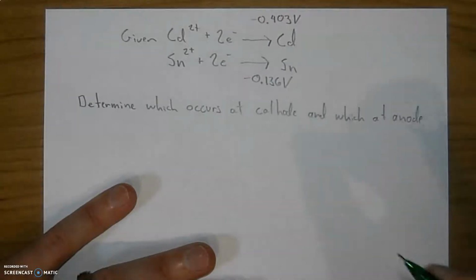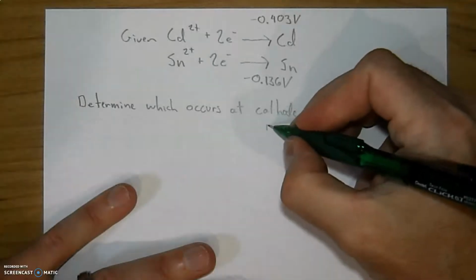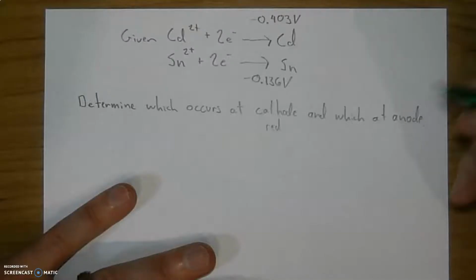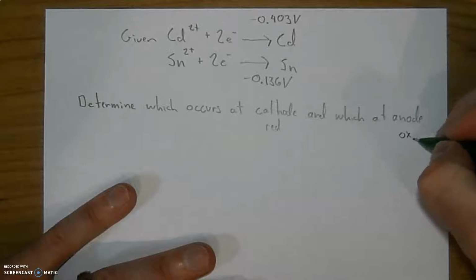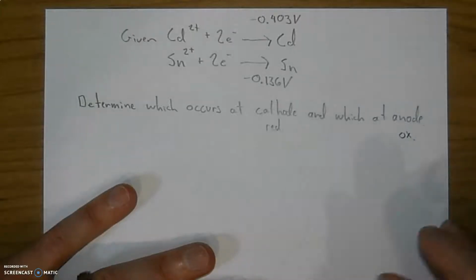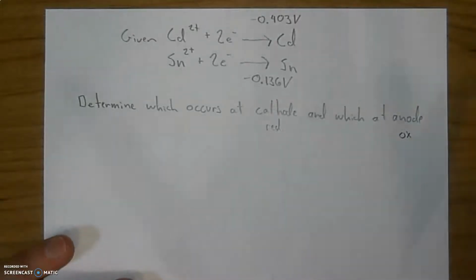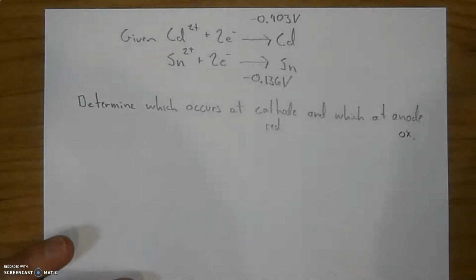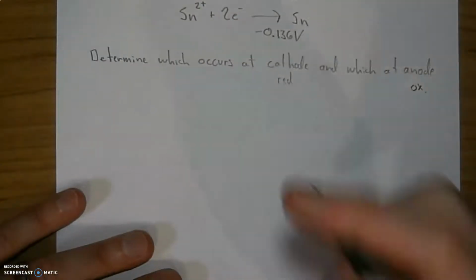Well, we already talked in a previous lecture that reduction always happens at the cathode and oxidation happens at the anode. But we're probably a little bit stumped here. I might have mentioned it on the side, but we're going to spell it out right here.